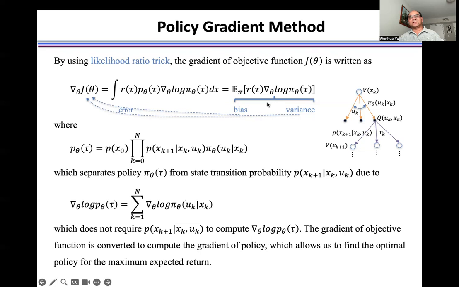It means a sampling summation. Another advantage of the likelihood ratio trick is here.